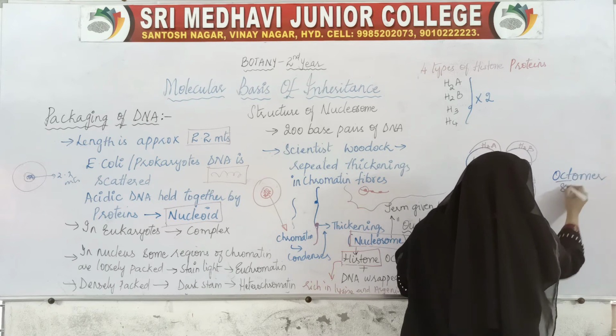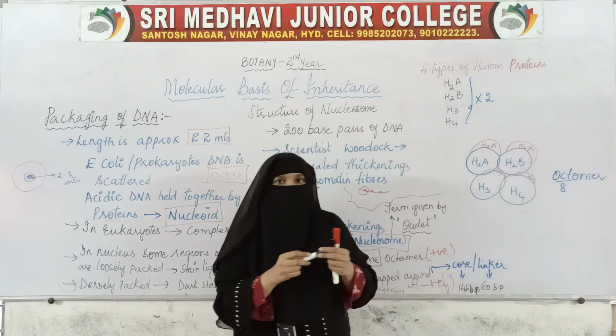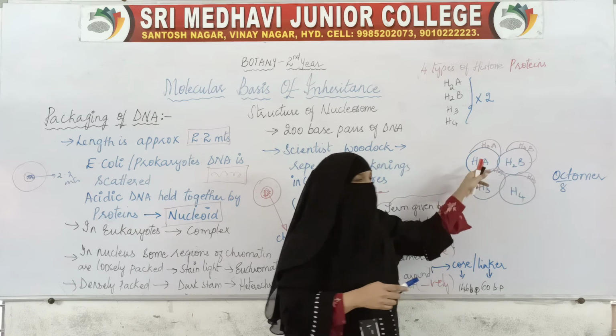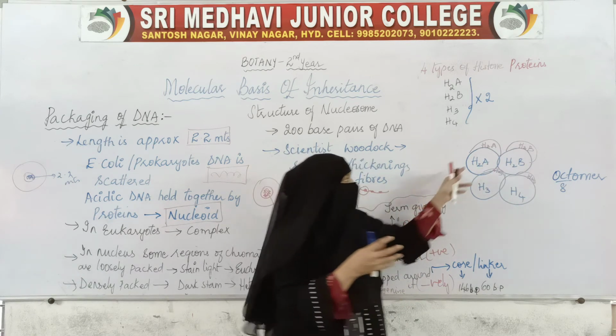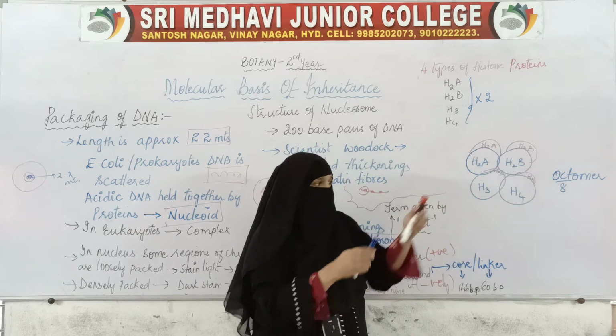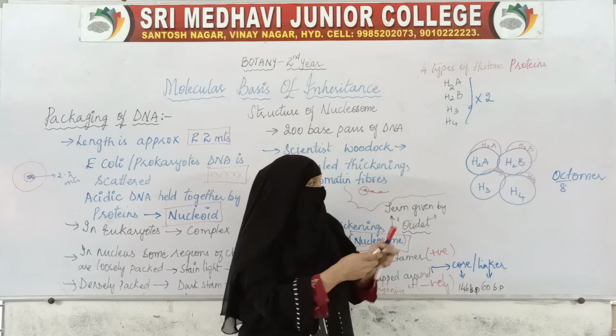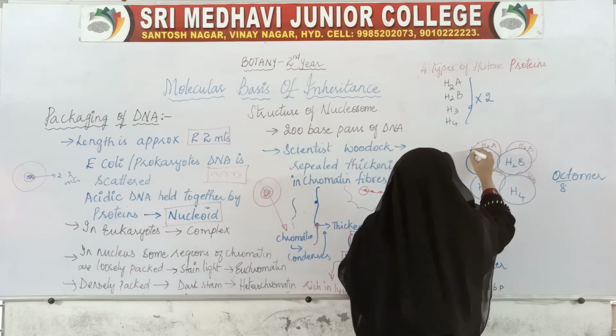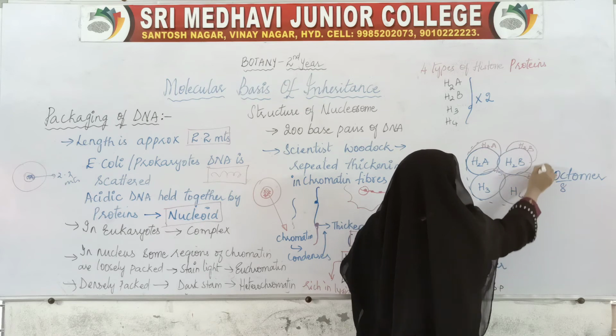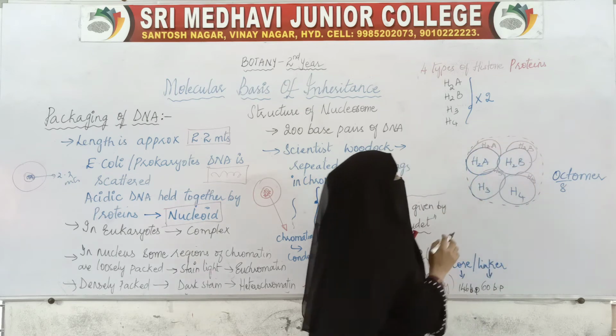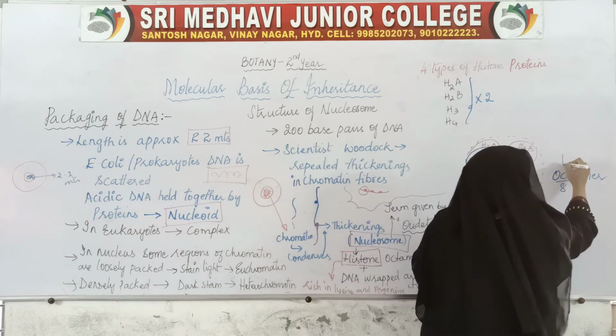Octo means eight. Eight histone proteins are joined together and form a ball-like structure. This is the histone octamer.